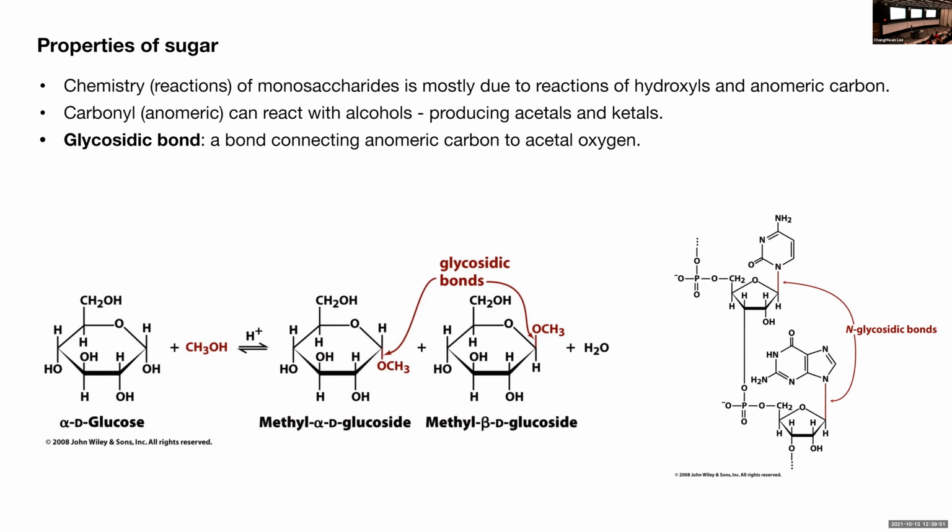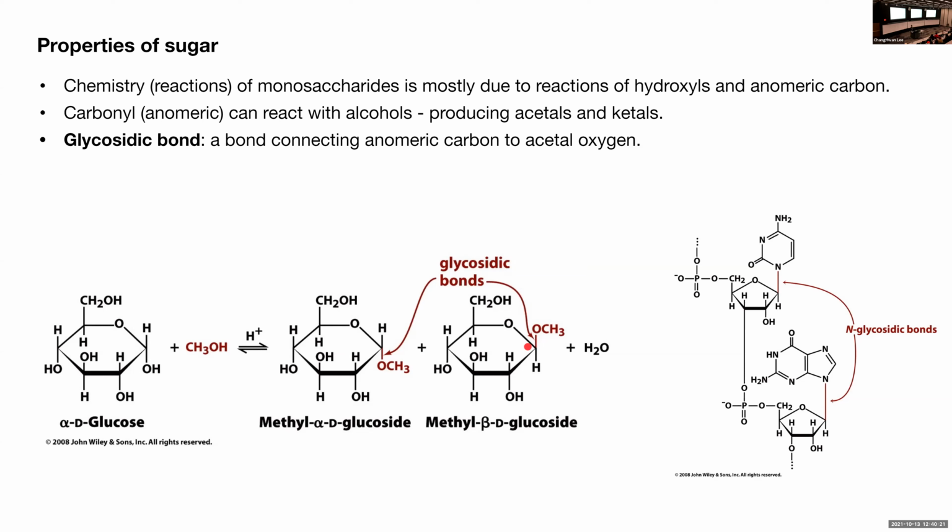Like here in this case, here's one sugar, and it has another alcohol here that is attached on this region around the anomeric center, and later on this can react with the same molecule to make the linkage through the glycosidic bond. In the end, it'll leave just the oxygen there as a bridge.